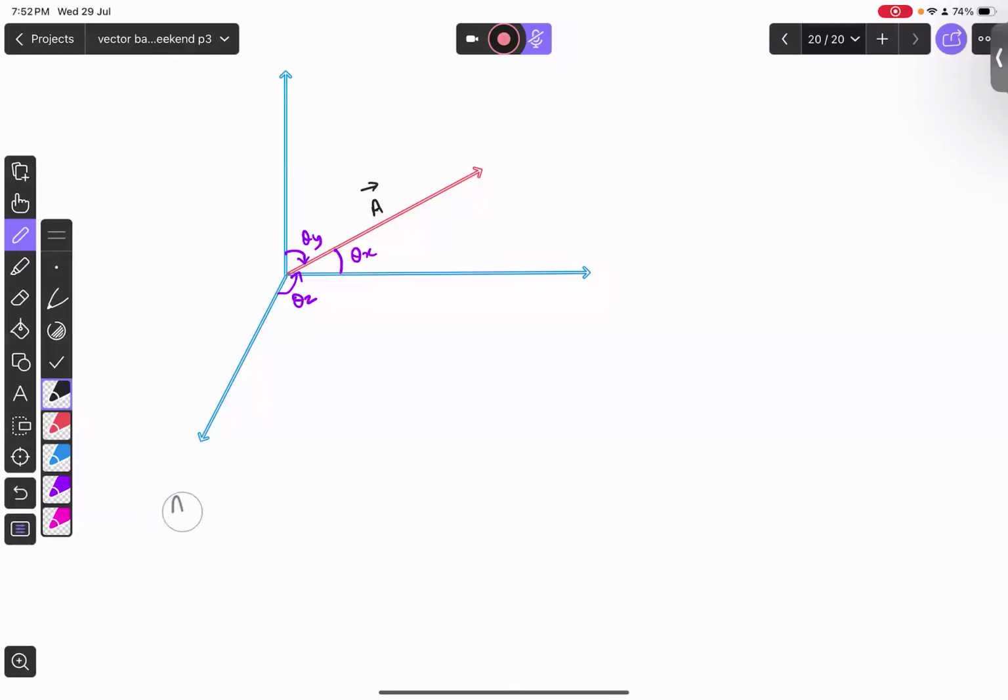Then that vector A is going to have x component equal to a cos theta x, y component a cos theta y, and its z component likewise will be a cos theta z.